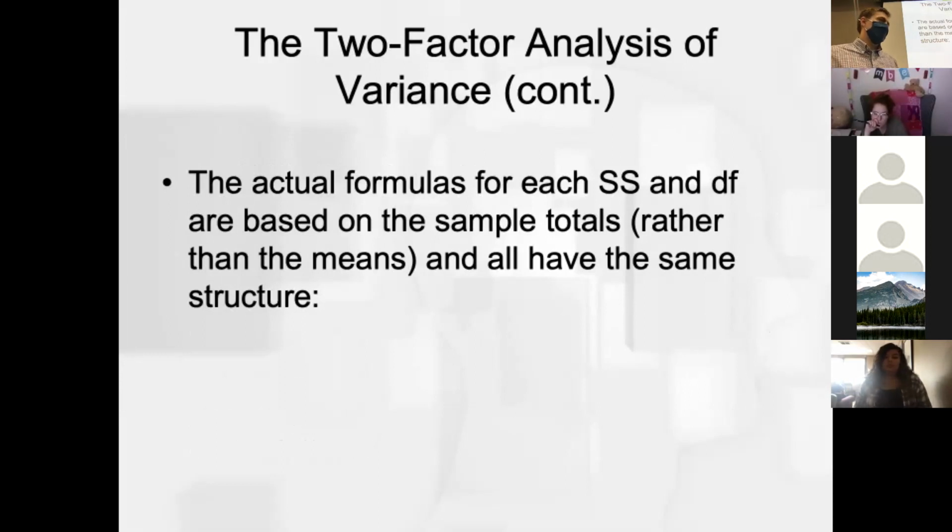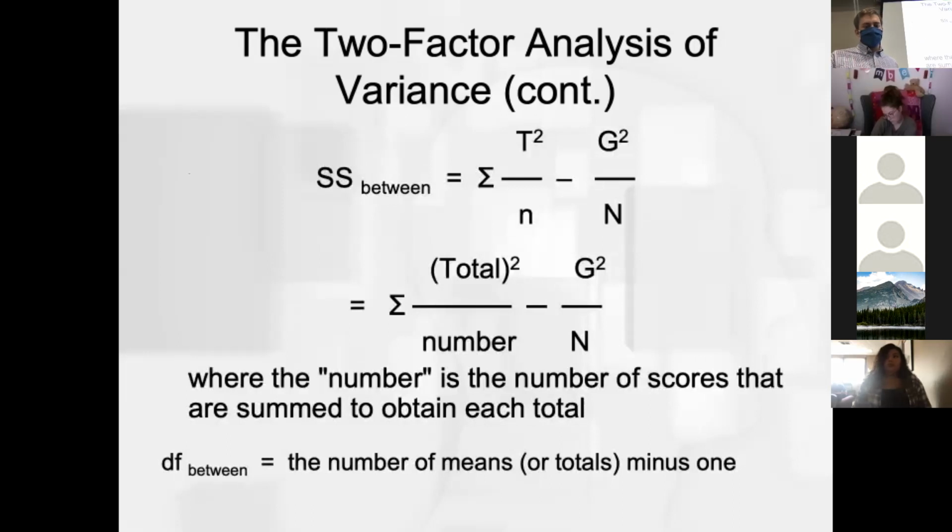And this is just regurgitating what we've already said before. Last time, we're relying on the sample totals rather than the sample means. So the T's rather than the means. So again, sum of squares between is the sum of T squared divided by n. So you're taking every T, squaring it, and dividing it by the number in that cell.